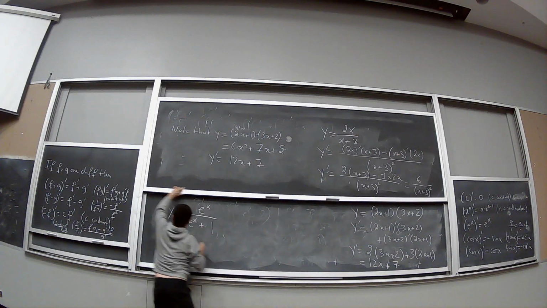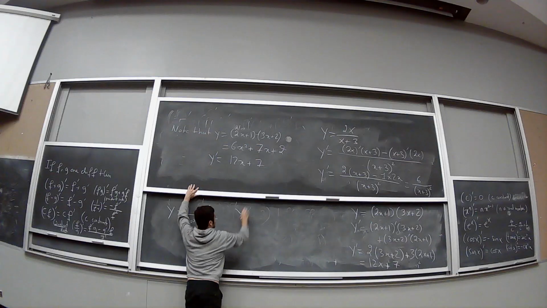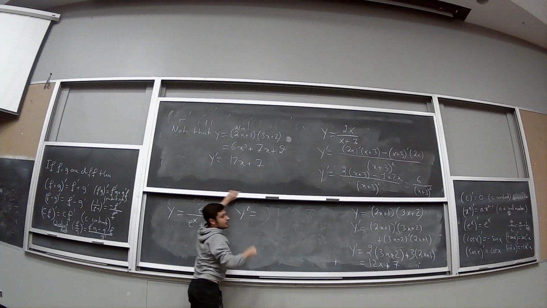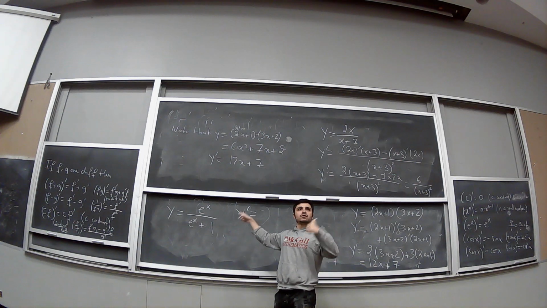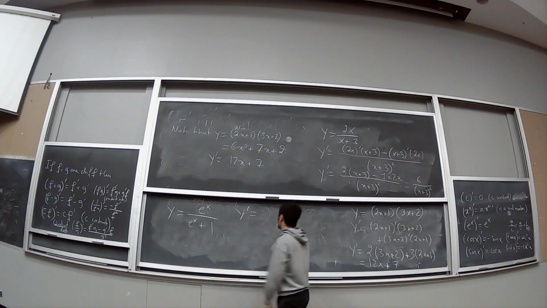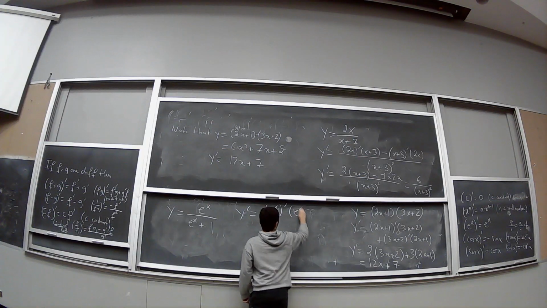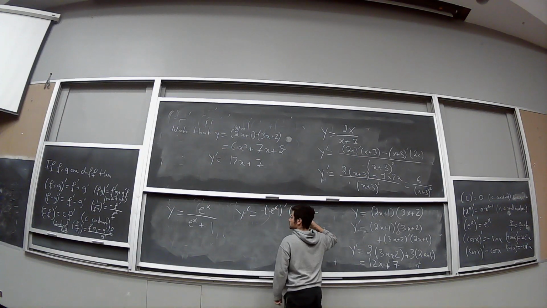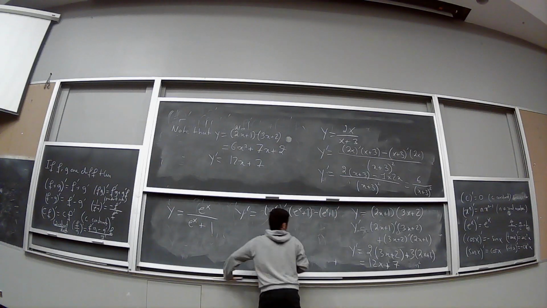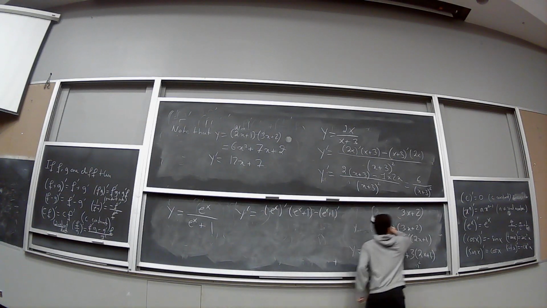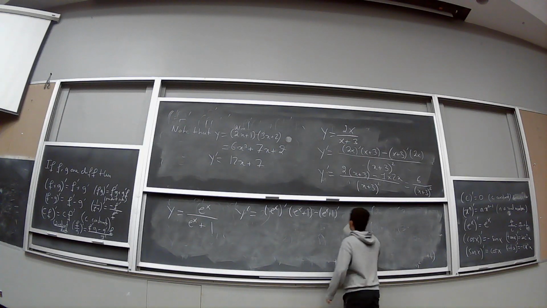Okay, well, let's write it here. y prime, what is y prime? It's the derivative of the first term, the derivative of the top, the numerator, times the bottom, minus the derivative of the bottom times the top, over e to the x plus 1 squared.